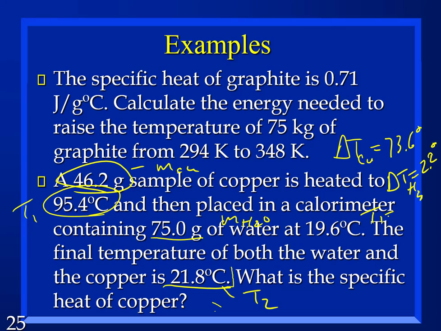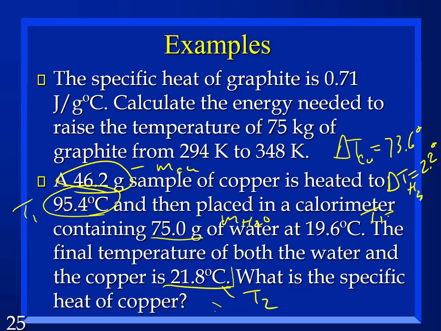So I want Q equals mc delta T. If I want to find C, I can divide by m and delta T. So I get C equals Q over m and delta T. And I want the C for copper. So which of those numbers do I know?